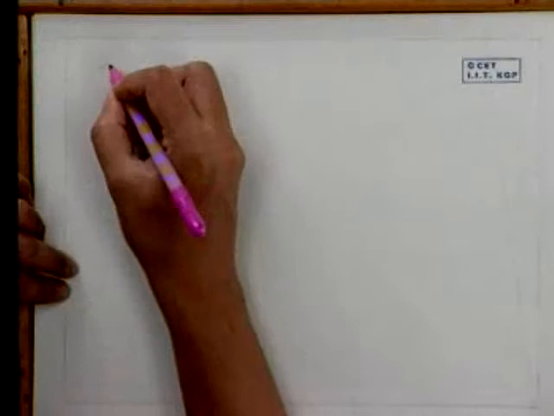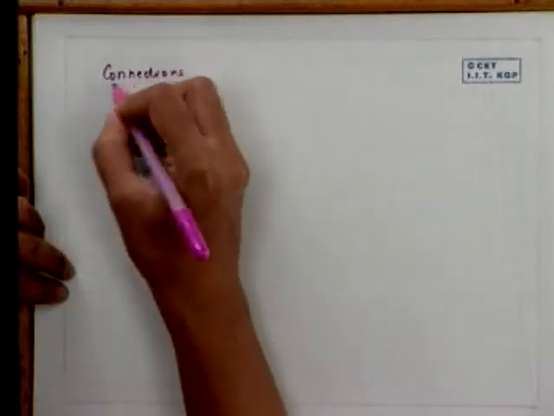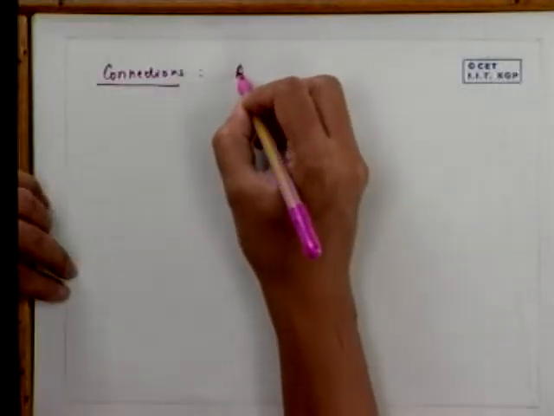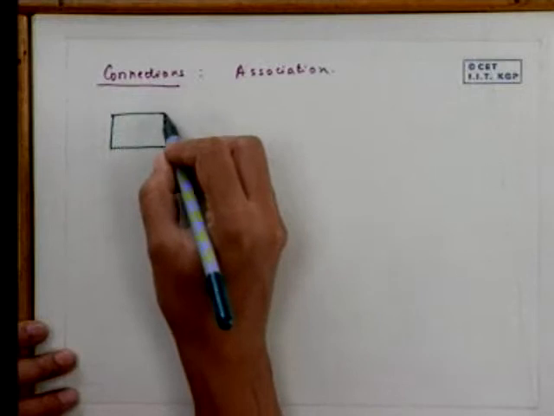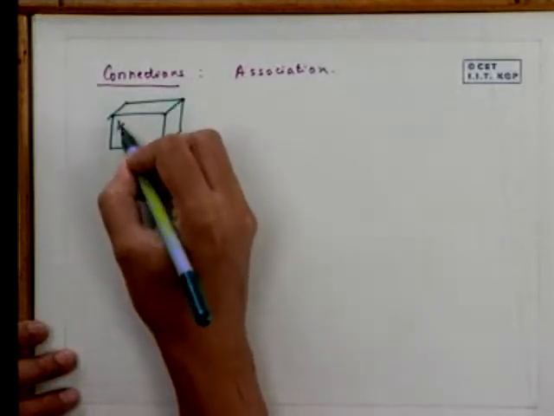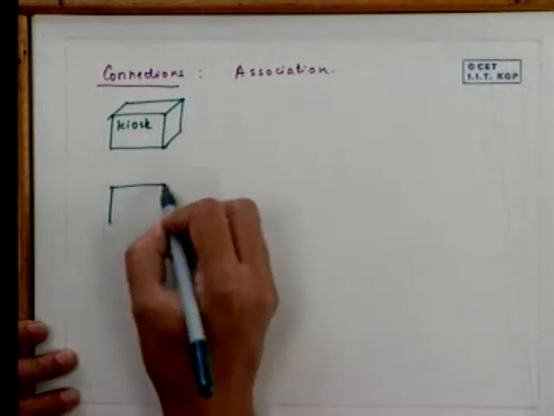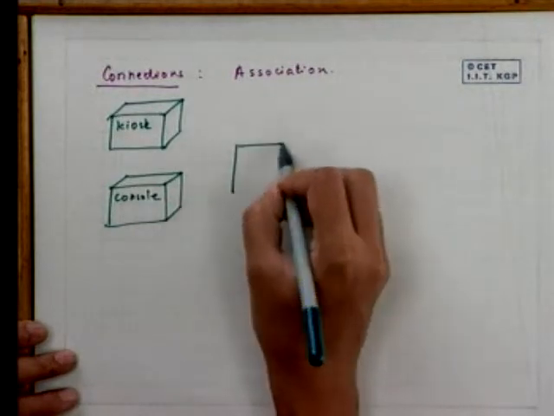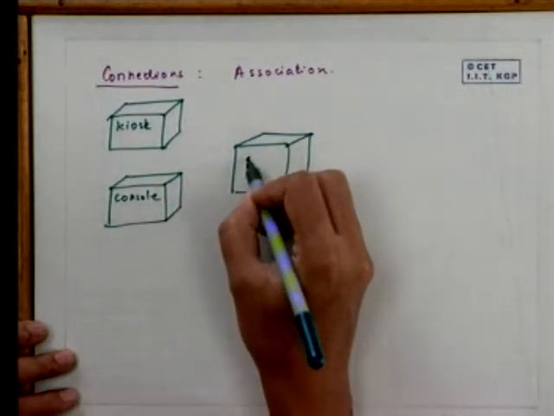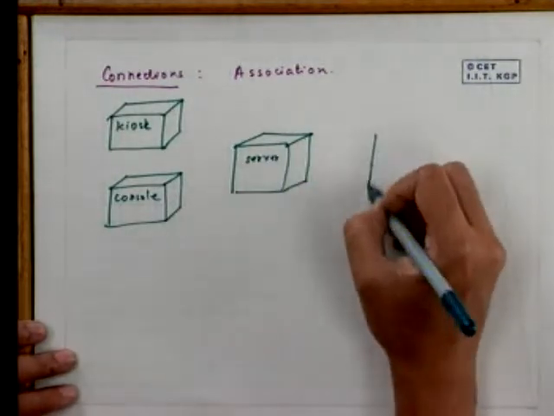And then we can show connections between nodes. Associations are the most common connections between nodes. Association typically represents a physical connection between nodes. So let us see an example. We have a node kiosk here and a node console. We have a node server and a node RAID farm.